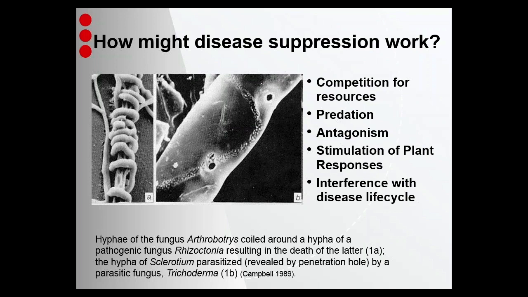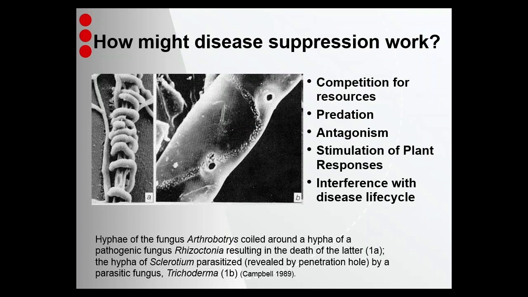These are just known examples of particular antagonistic effects of one microorganism on the other. So this can be through predation or by release of chemical signals, antibiotics essentially, that reduce the population of the target pathogen.